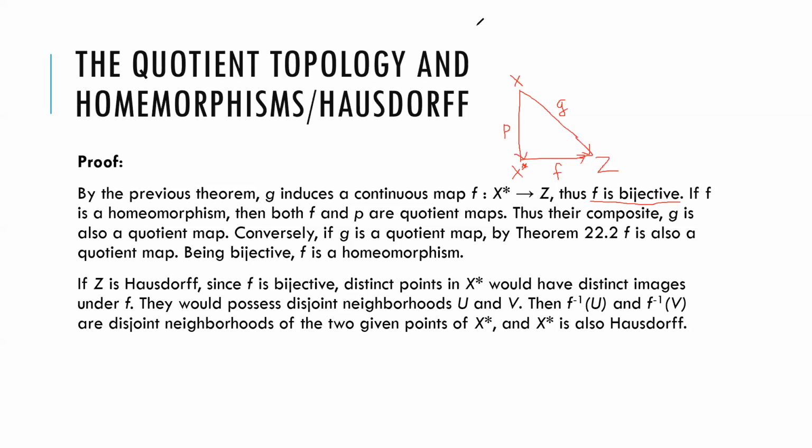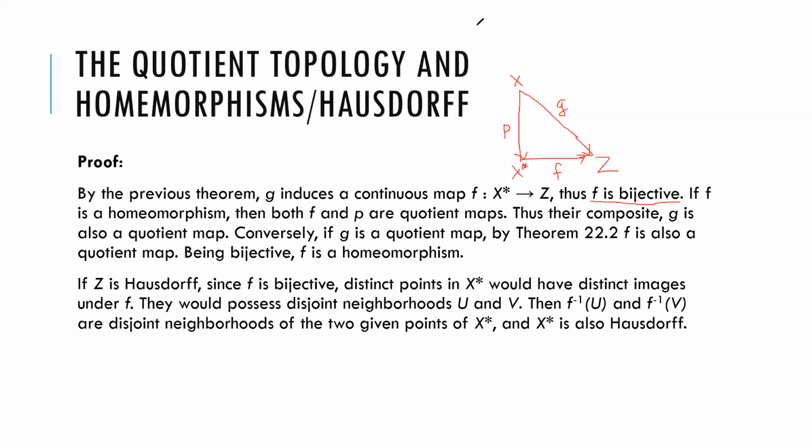So first, we know that F is surjective, right? From P and G are surjective. So F is of course surjective, and we want to show that F is injective.